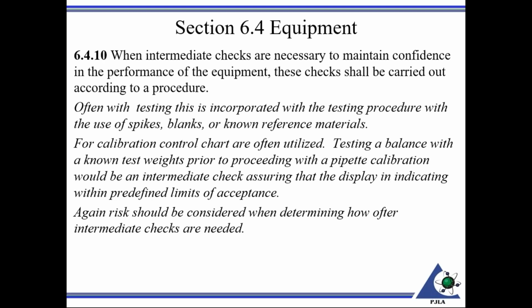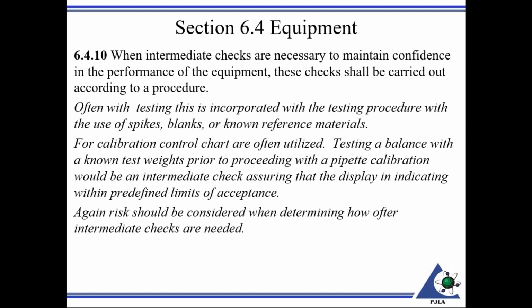Example I gave of a 1-year calibration. Say you did set the protocol as a year. You have a good intermediate system of checks. If you have that intermediate check done, say, on a monthly basis, worst case scenario, as long as you have a good baseline when it came back, you run these intermediate checks. It's been within predefined limits right up until the time that you sent it off for calibration.